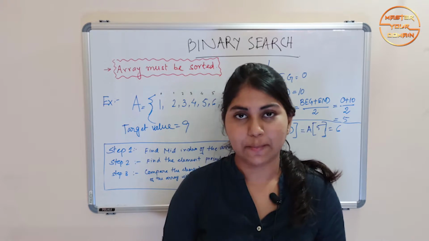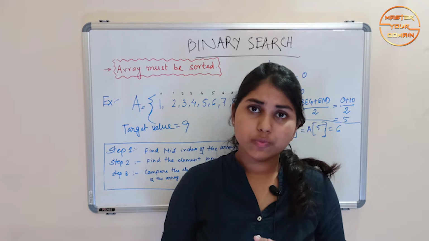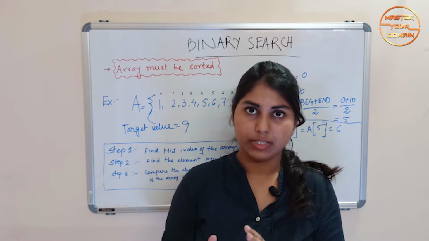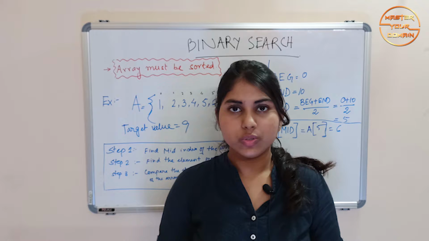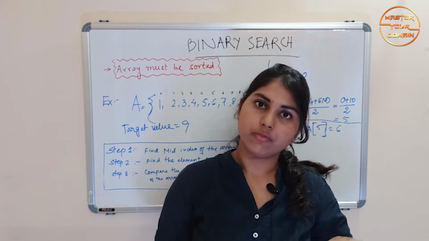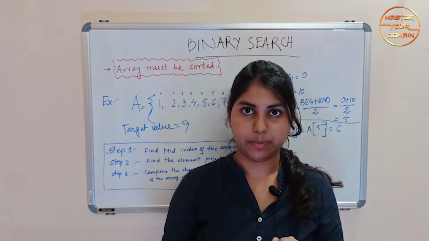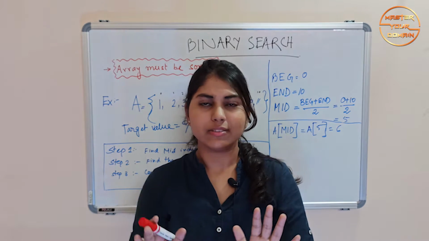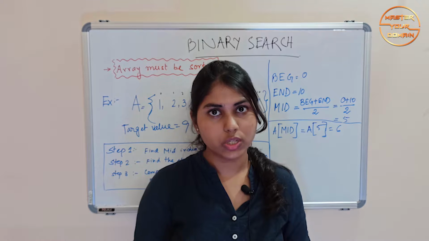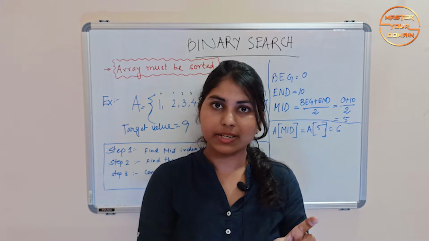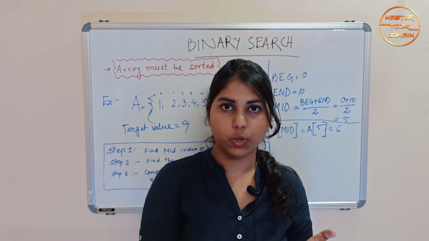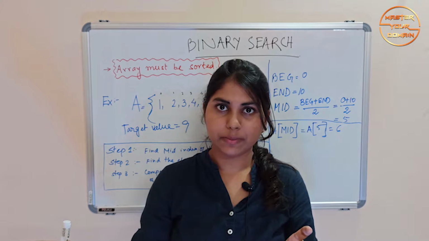Let's take a real life example of binary search. Suppose we need to find a particular page in a book. We open the book somewhere in the middle and check if it is the required page number. If it is, well and good. If it is not, we compare the page number we have opened with the required page number.